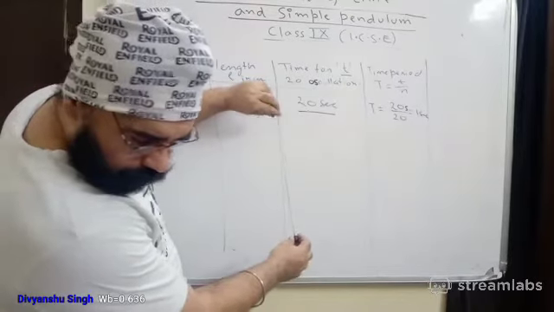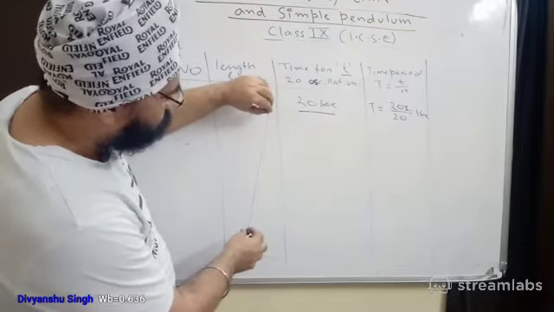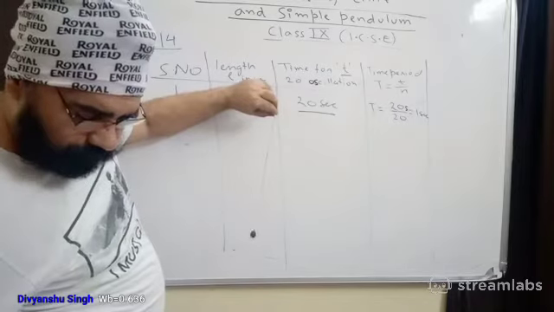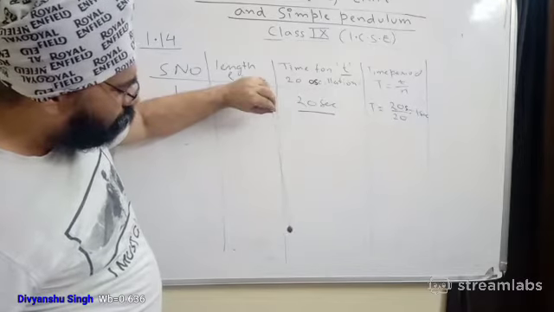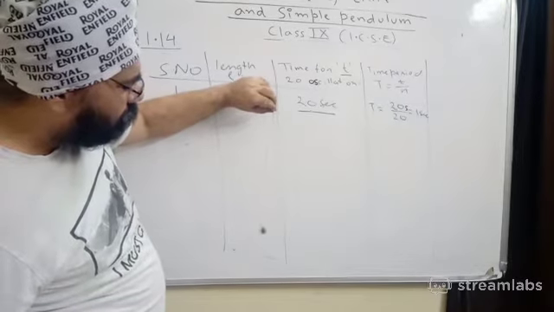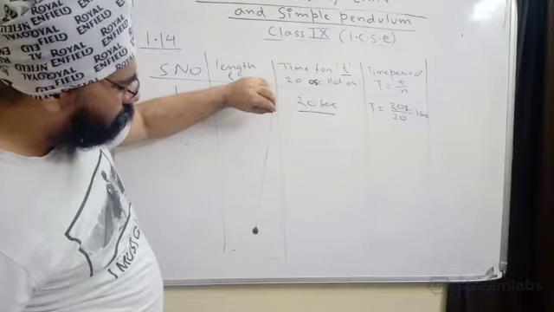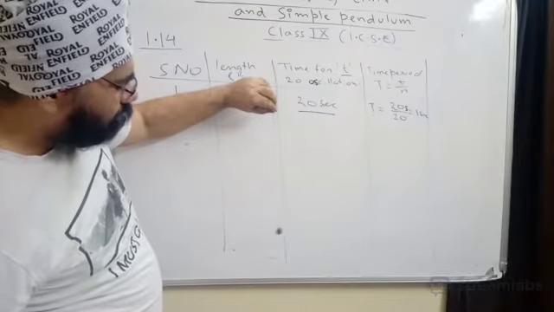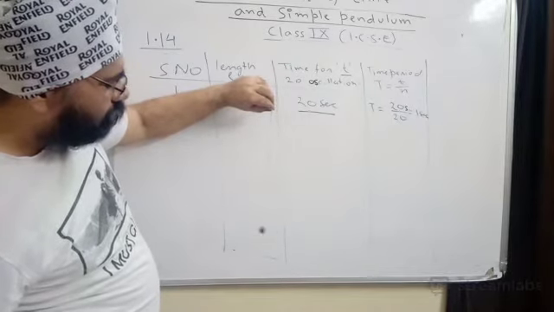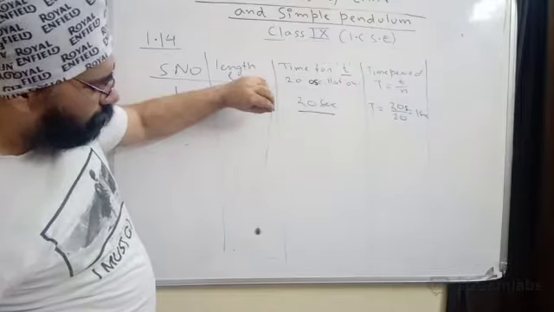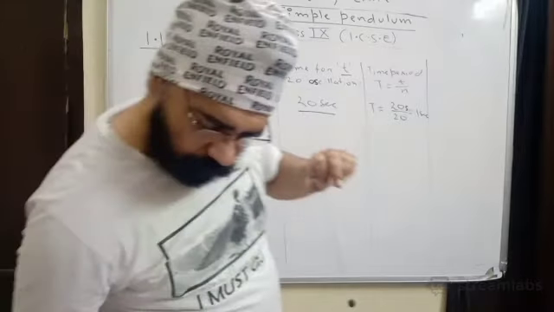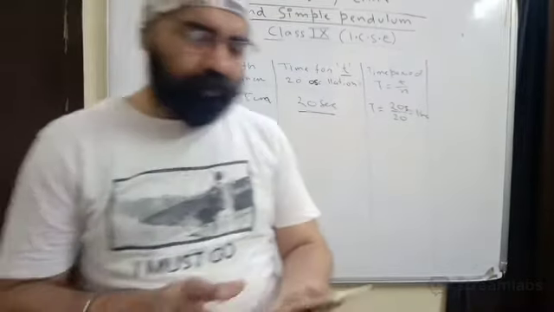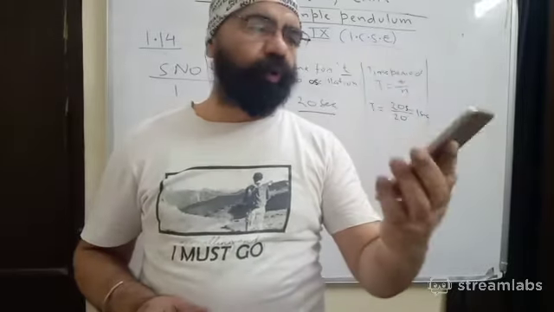I disturb it, leave it, and we'll start counting. 1, 2, 3, 4, 5, 6, 7, 8, 9, 10, 11, 12, 13, 14, 15, 16, 17, 18, 19, 20. Okay, so I stopped it at 20 and the stopwatch shows 24 seconds.